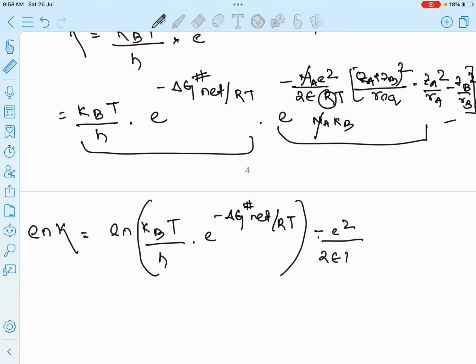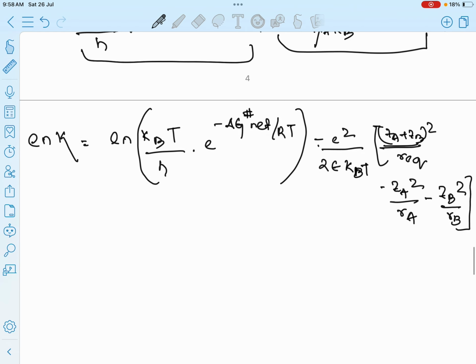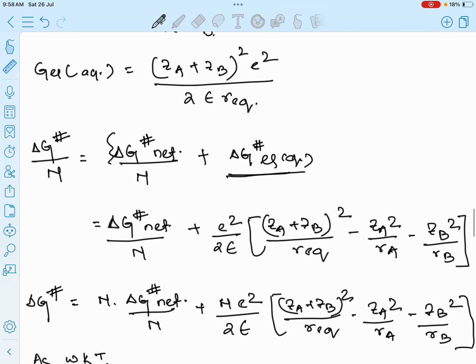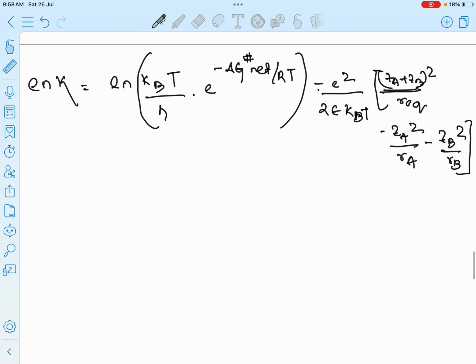Therefore, the expression will be kBT whole into ZA plus ZB square divided by Req minus ZA square by RA minus ZB square by RB. This is the final expression. What is the equation number? This is equation number 5. Okay.